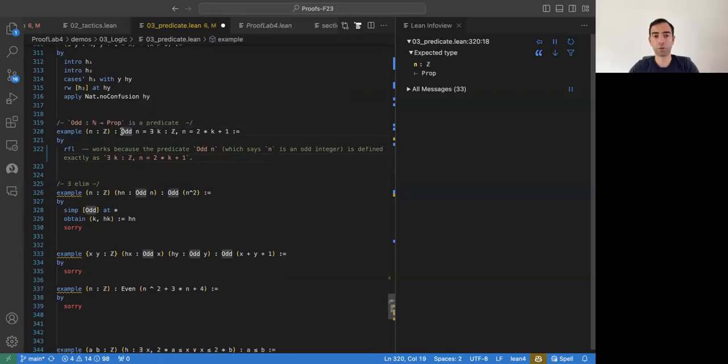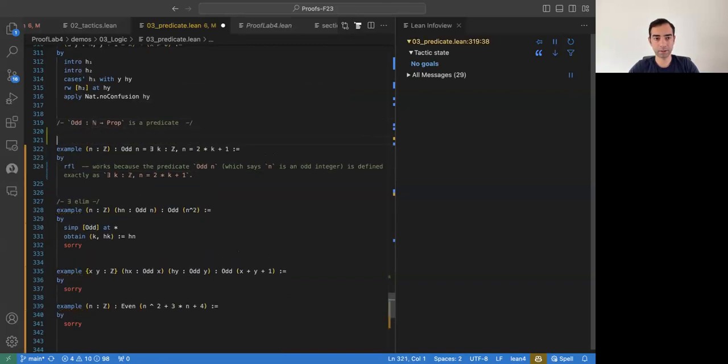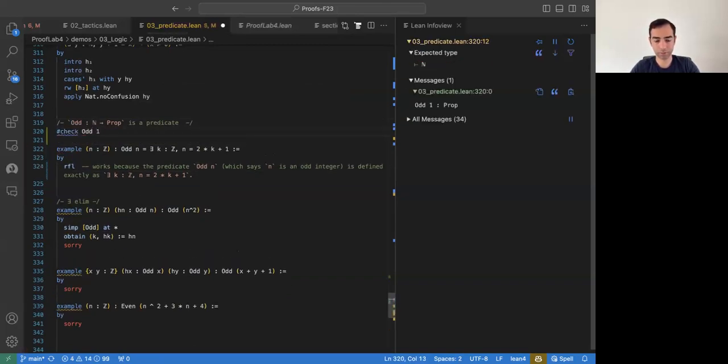So odd is a predicate, right? It takes a natural number to a proposition. So I can apply odd, for example, to the number 2. Now this would be a proposition because Lean says so: odd 2 is a Prop. But what is a Prop?